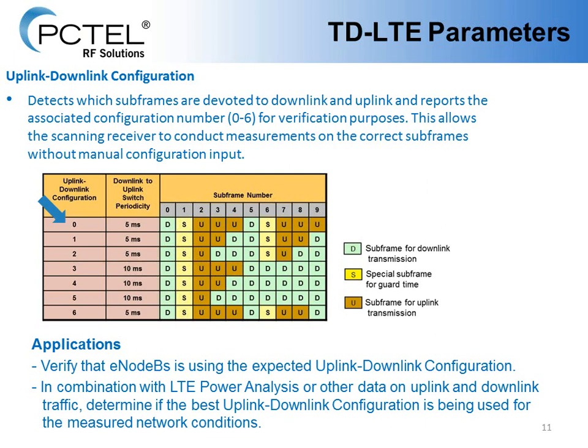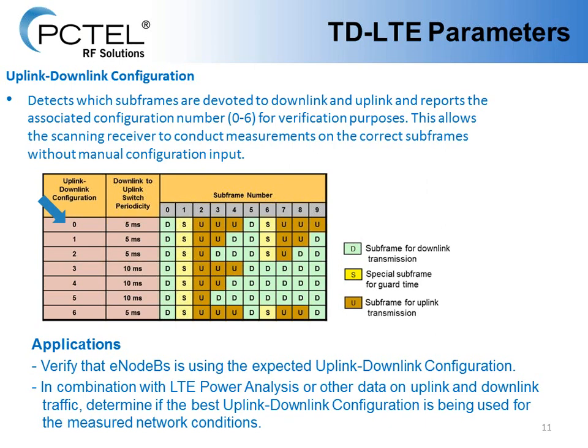Essentially, the difference between FD-LTE and TD-LTE is that FD-LTE has what we call paired spectrum, so you have a certain amount of spectrum for the uplink and a certain amount of dedicated spectrum for the downlink. With TD-LTE, you have unpaired spectrum, so you're using the same spectrum for both the uplink and the downlink. The way you separate the uplink and downlink is based on time slots.